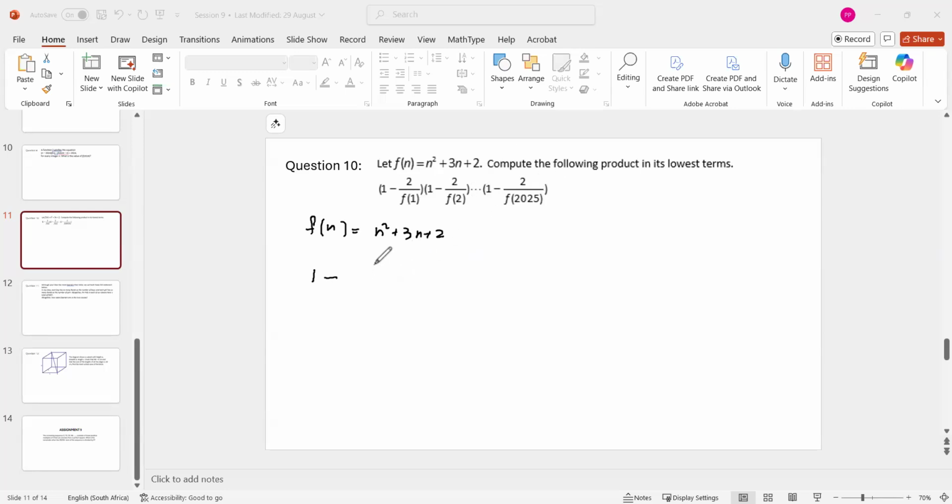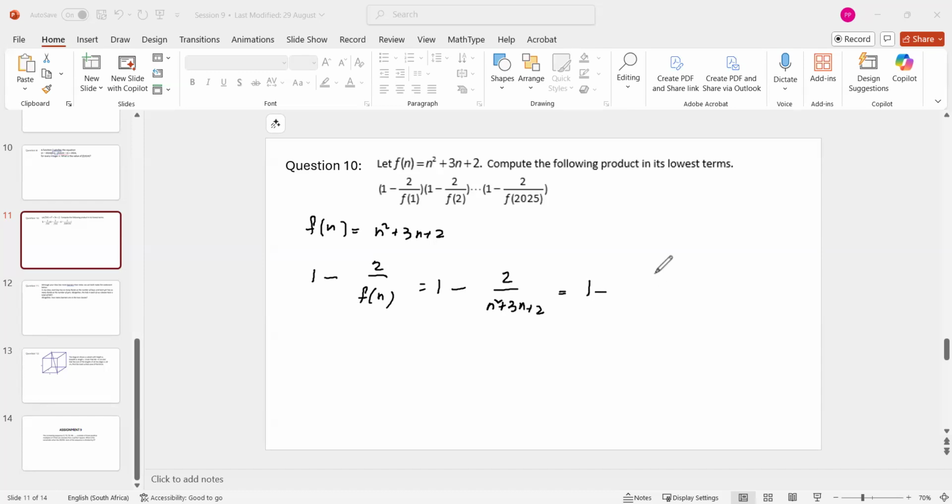So why don't we have a general formula for 1 minus 2 over f of n? Then I can substitute in all these, and I will be able to work these fractions out. So this is 1 minus 2 over f of n, where f of n is n squared plus 3n plus 2, right? I need to work out f of n because you see those things appear in the denominator here. And I can simplify this.